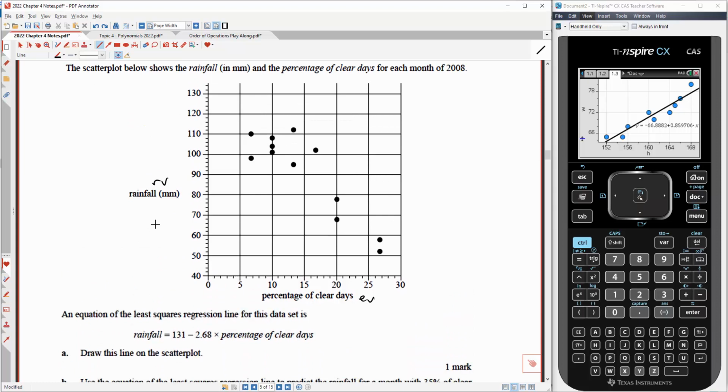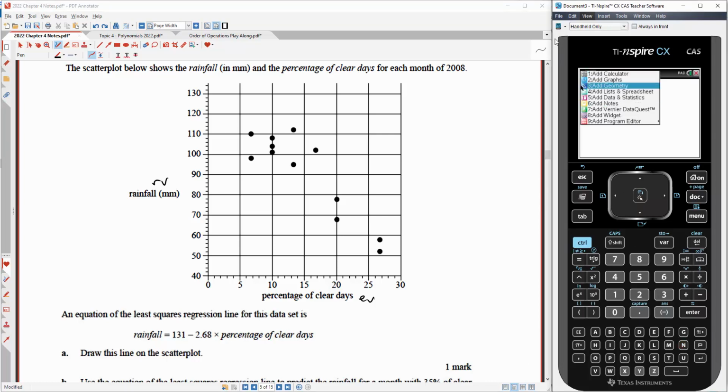The first thing we're going to note is that given the equation, we can use the equation to generate 2 points. So I'm going to press Control N for a new document, and I'm going to add a calculator.